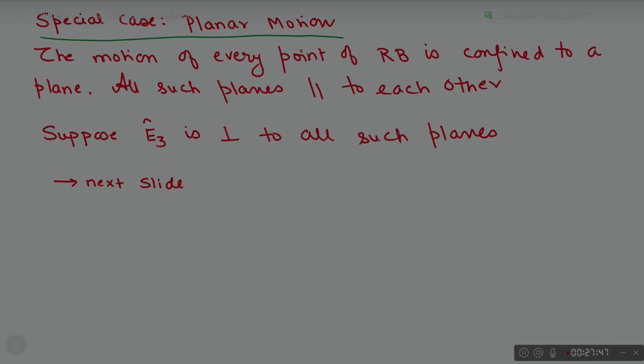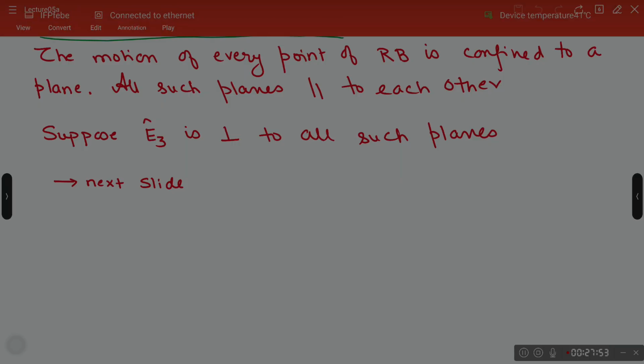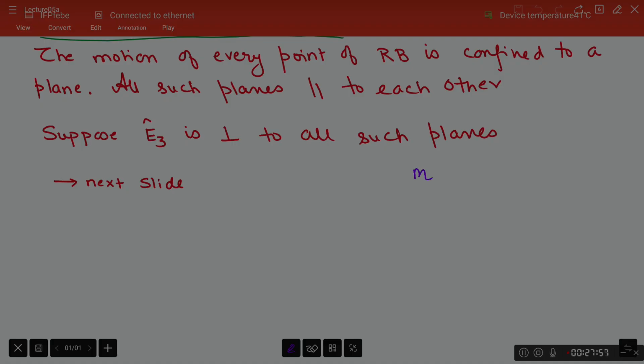What do we call a planar motion? Body M is said to be performing a planar motion with respect to body F if every point of RBM is confined to a plane.